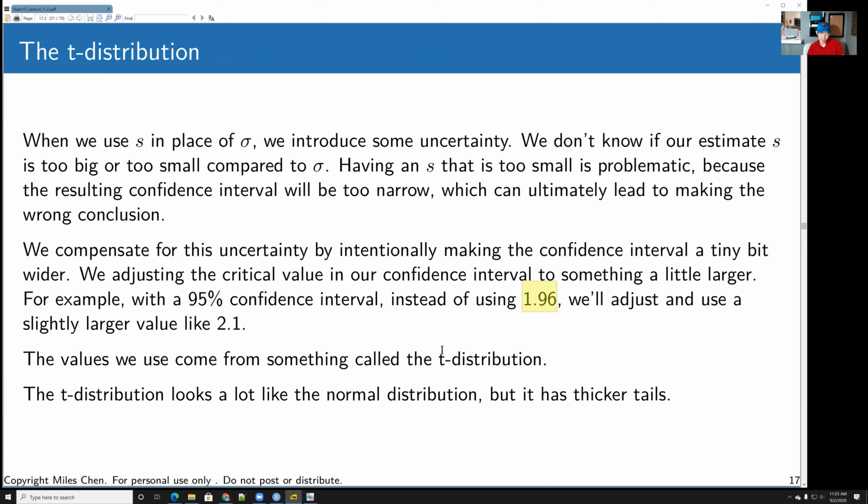There's an interesting history of the t distribution. Okay, so here's a question. Why didn't we do something like this when we substituted p with p hat? It's a great question. The answer is a little bit beyond the scope of our course, but when you substitute p with p hat, you are introducing some uncertainty.